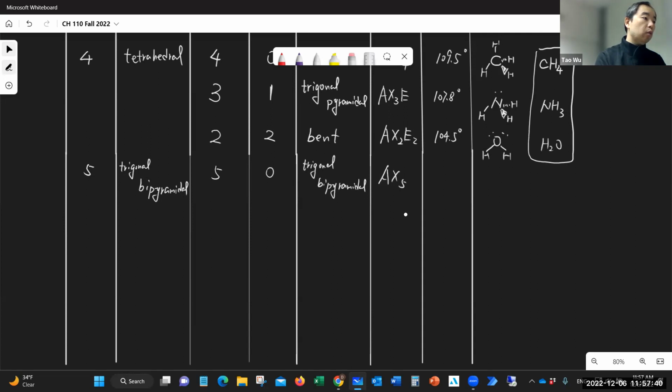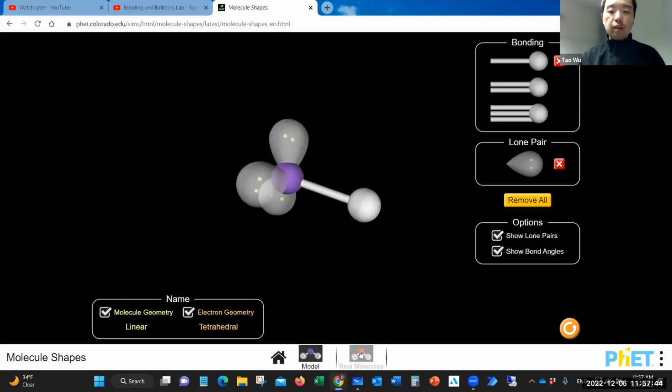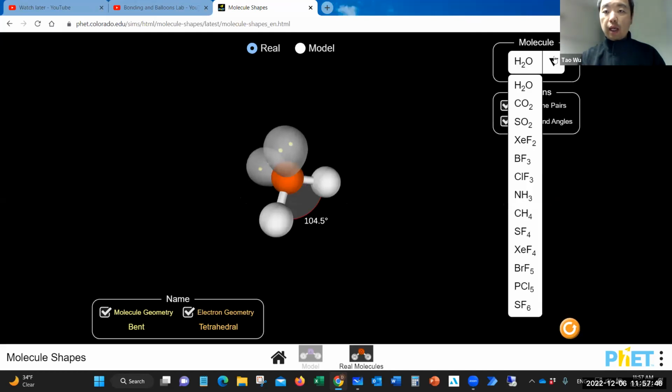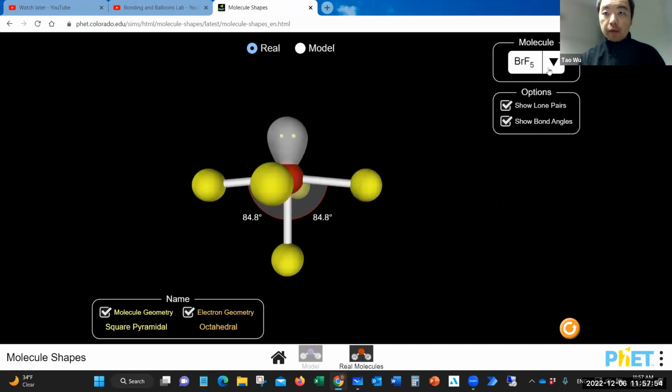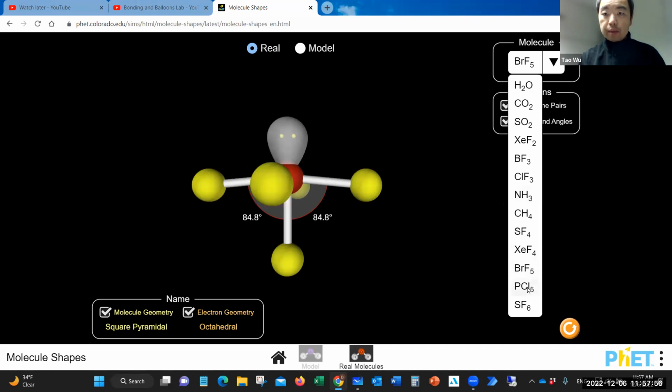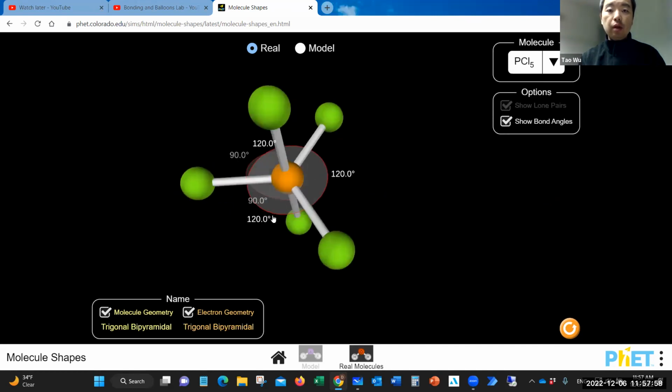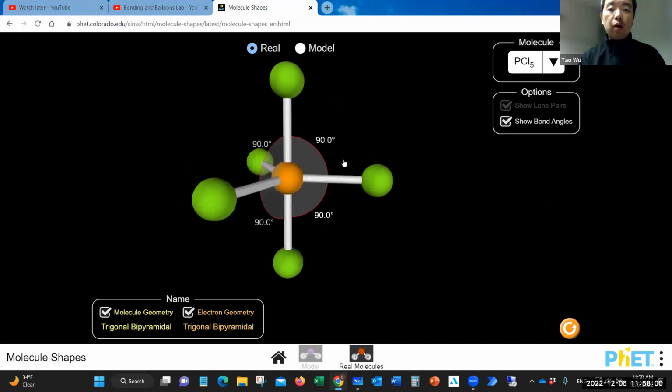So the bond angle will be special. We can look at one of the examples of AX5: PCl5.